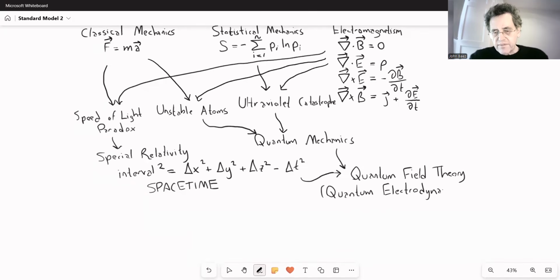If you're trying to describe the electric and magnetic fields, you need to adapt Maxwell's equations to this new worldview where you're taking quantum mechanics into account. So quantum electrodynamics is quantum field theory applied to electromagnetism.